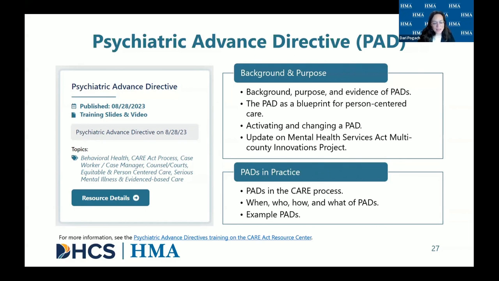But what I want to say about a PAD is this is a way that a person whose capacity fluctuates, like Dr. Avery's been talking about throughout the presentation, has an opportunity, when they have the capacity, to express what they want in the event that they do lack capacity to give informed consent. This is a really effective way for the person to document their wishes and preferences and to incorporate it into their mental health treatment to the greatest extent possible.